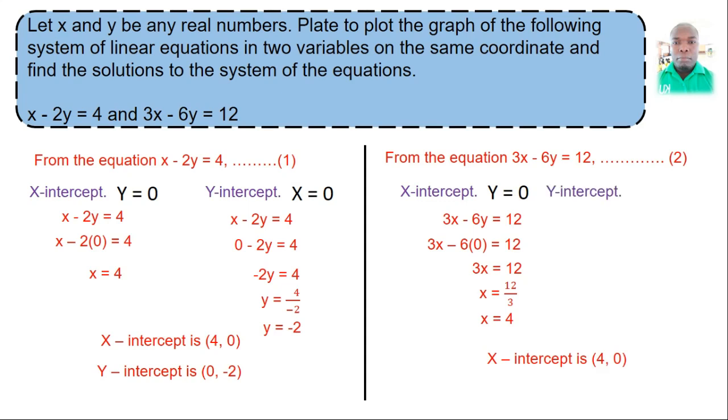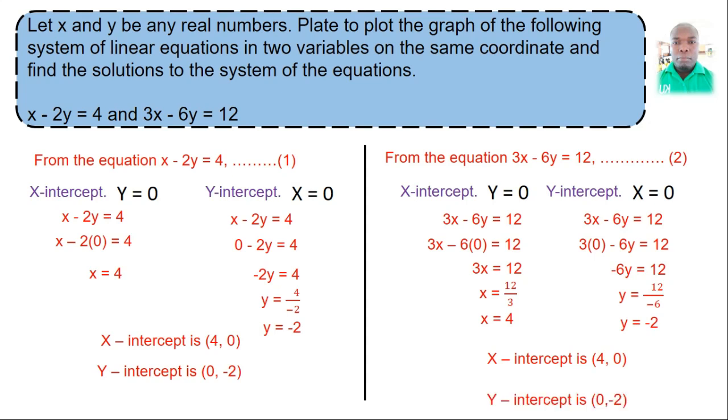Let's get the y-intercept, and of course x is 0. In the equation 3x minus 6y equals 12, we will write 0 instead of x, and therefore we have 3 times 0 minus 6y equals 12, and therefore y equals negative 2, and this gives us the y-intercept as 0, negative 2.